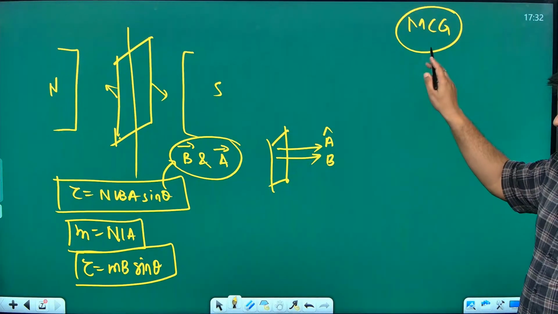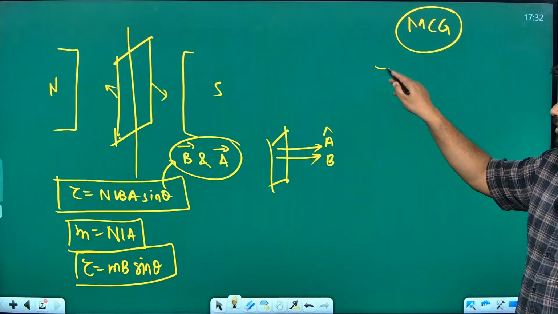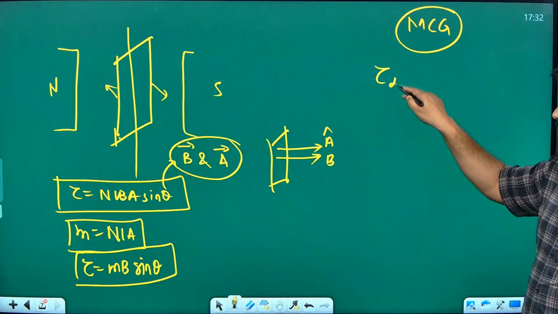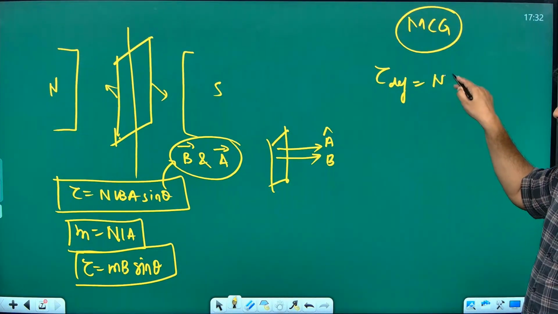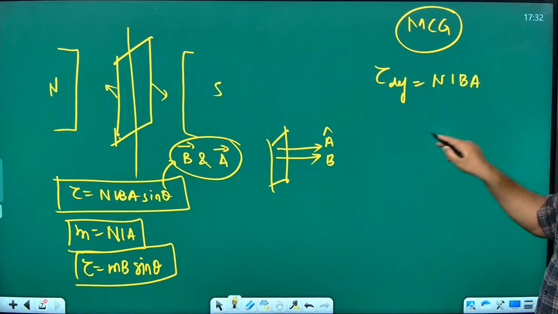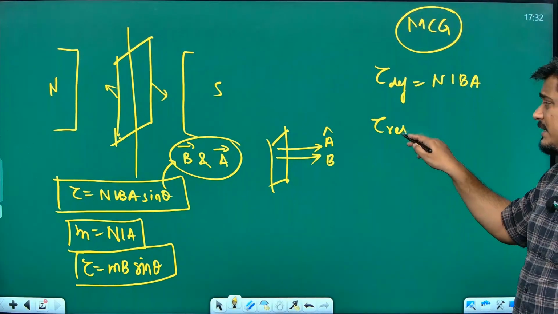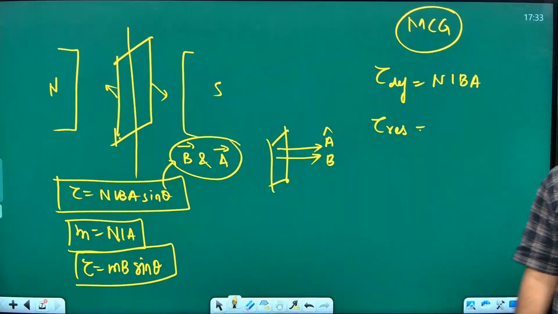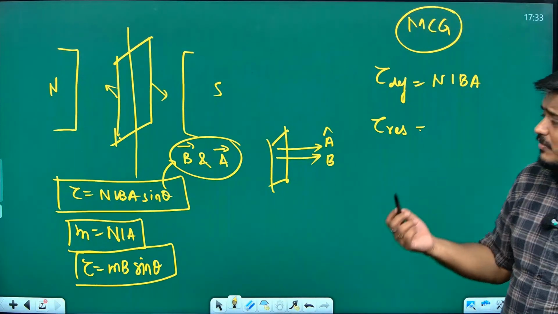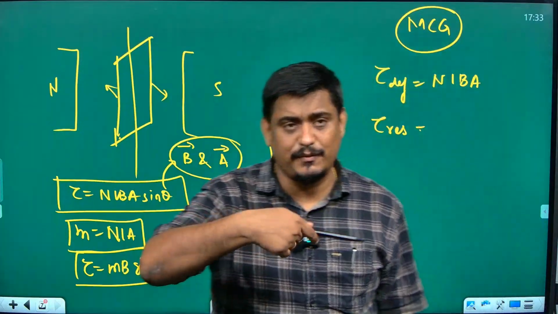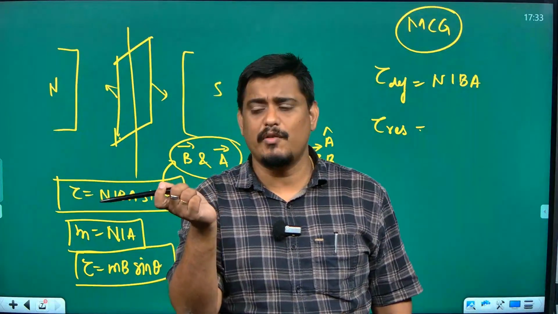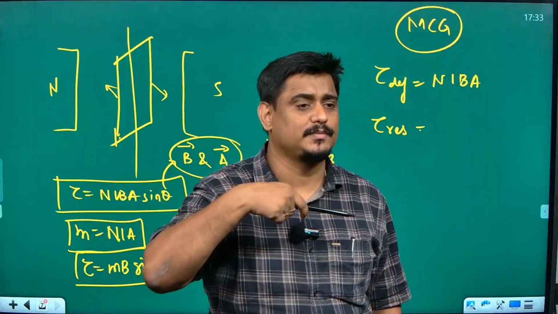So what happens? Whenever a loop is kept in magnetic field, there are two torques acting. First is deflecting torque. Deflecting torque is NIBA. Second is restoring torque. Restoring torque, how it is produced? It is produced because of adding a spring in the bottom. Since you added a spring in the bottom, when deflecting torque is deflecting the needle, restoring torque will once again bring it back to the original position.